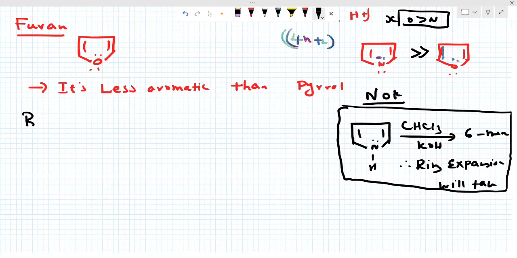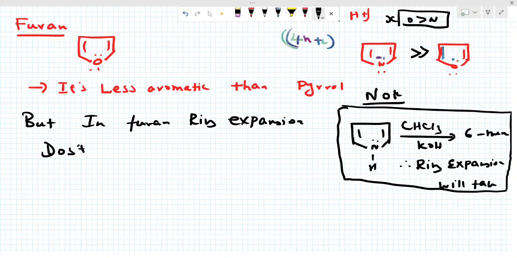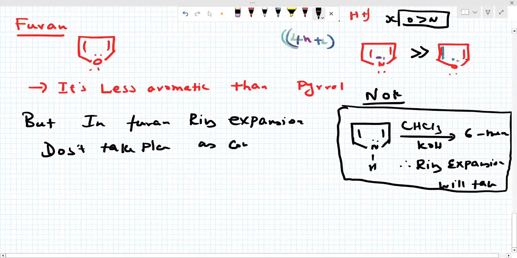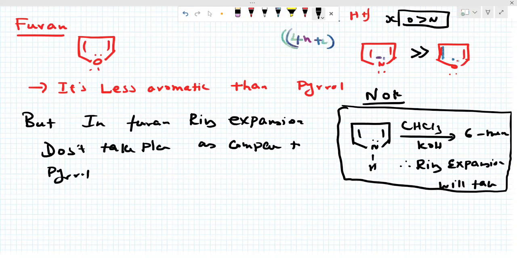But in Furan, ring expansion does not take place as compared to Pyrrole. What is the reason?